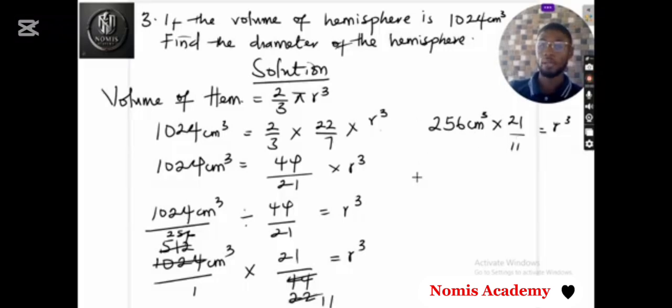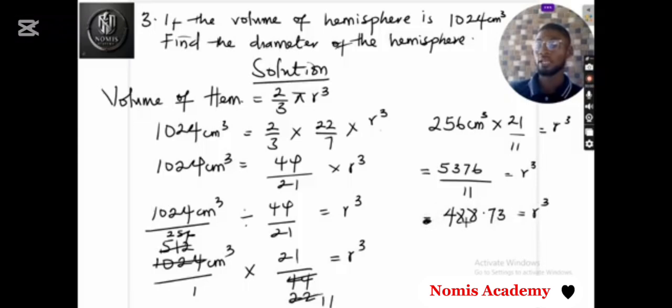So 256 multiplied by 21 is 5,376 divided by 11 equals r cube. So r cube, 5,376 divided by 11 gives 488.73. So the next thing is to find the cube root.